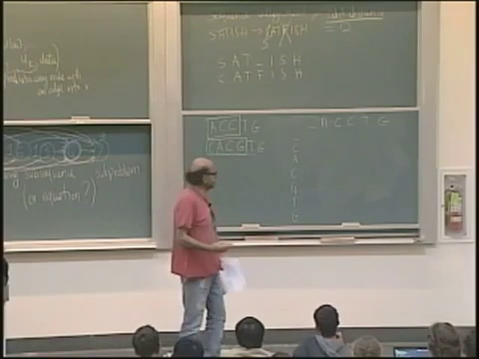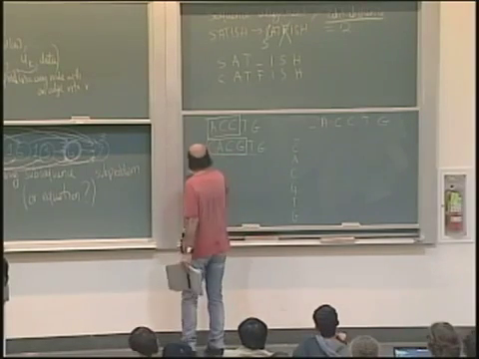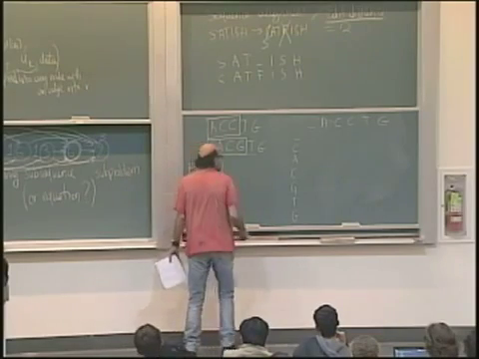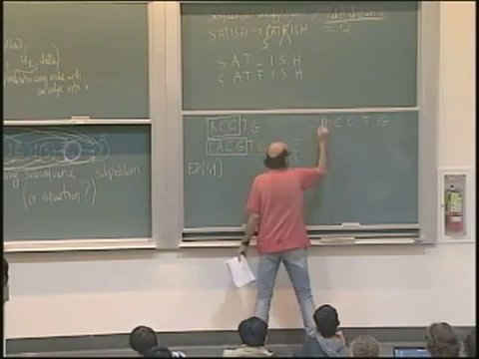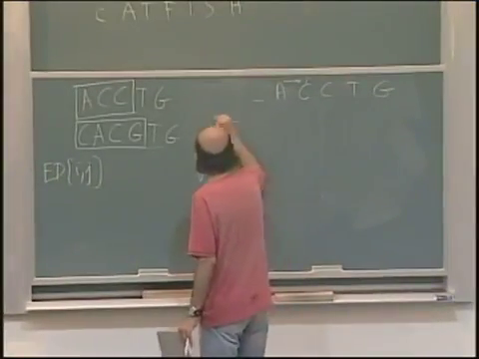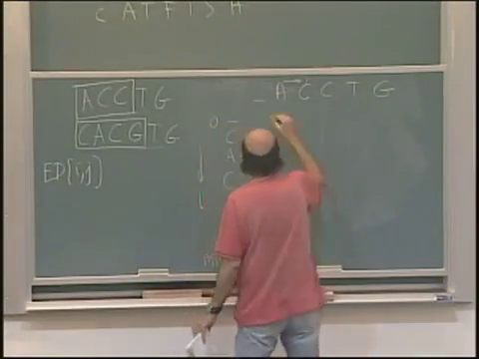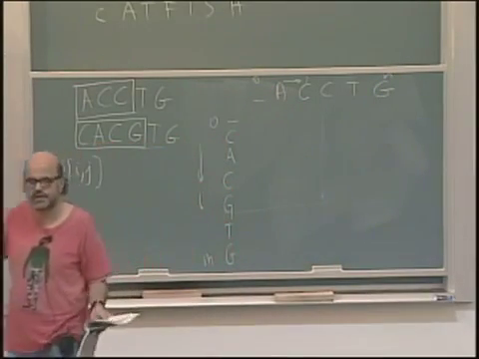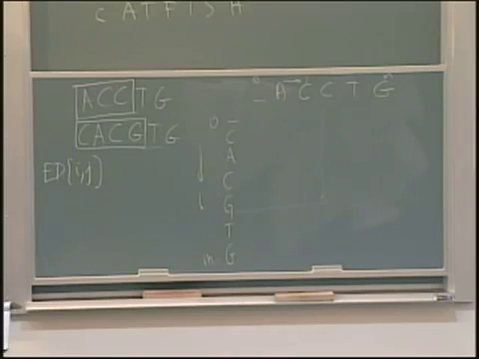So I'm going to have an edit distance. So basically, it's going to be edit distance of i, j. This is i, this is j. Starts from 0 and goes up to m. Starts from 0 and goes up to n. All right? I'm aligning two strings, one of length m, the other of length n.